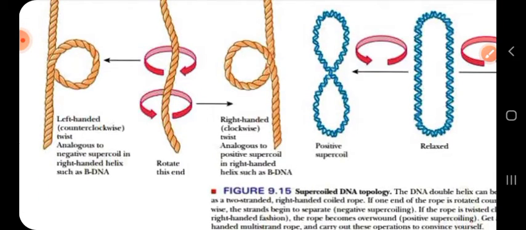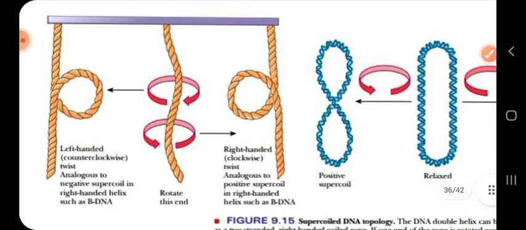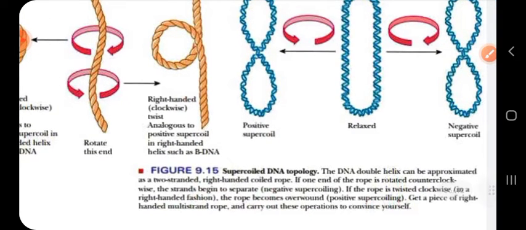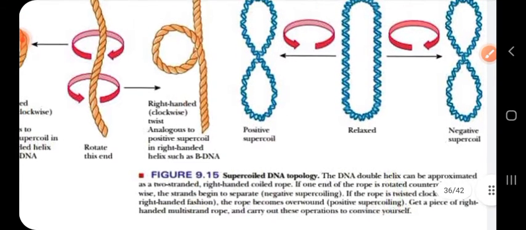Now this is a figure trying to show the topology of the DNA supercoiling actually. So you can see here, you can imagine the DNA double helix to be a two-stranded right-handed coiled rope. Okay. Now if one end of this rope is rotated counterclockwise, meaning anti-clockwise, the strands begin to separate.